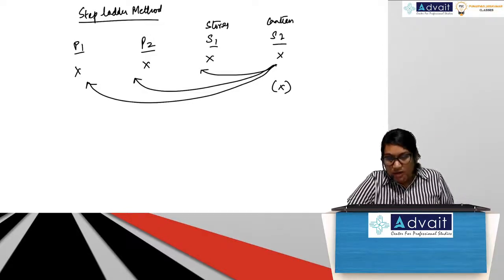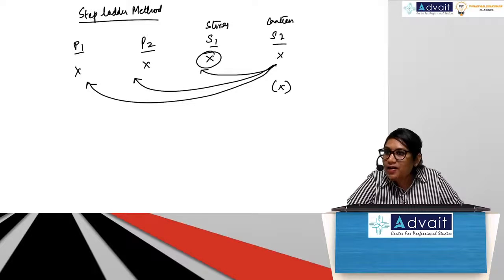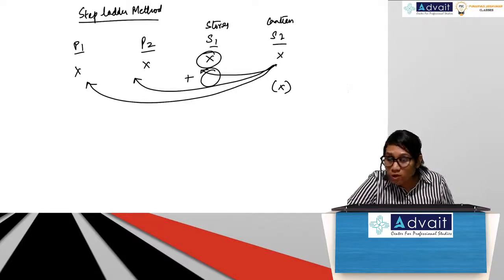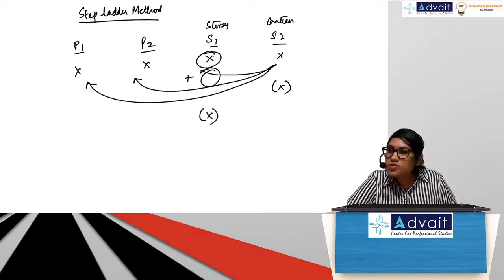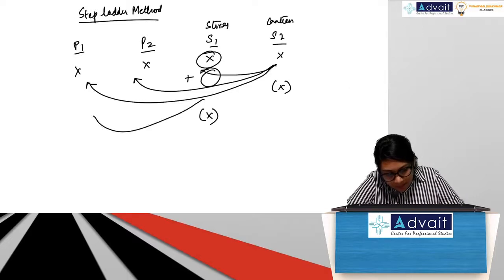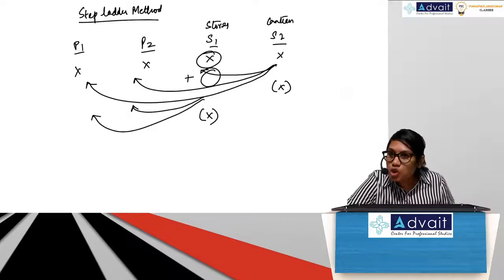Correct? Now S1 will give its overhead. Which overhead? What it had plus what it got. Because the whole thing has to become 0. So now this will become 0. But who will it give? P1, P2. Will it give S2?